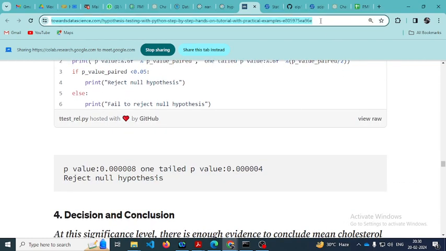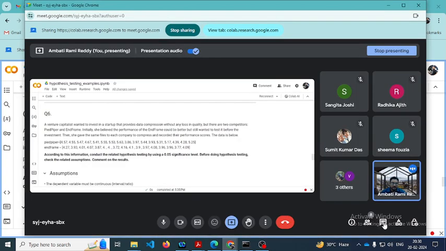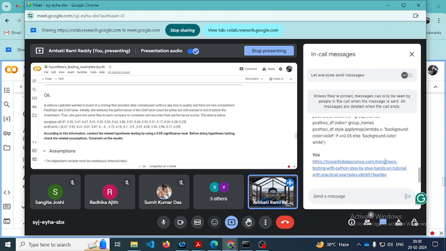All these problems I took from a tutorial on Towards Data Science. I'm sharing this link also in the chat. These are some good problems. I felt it will give some more clarity about hypothesis testing.